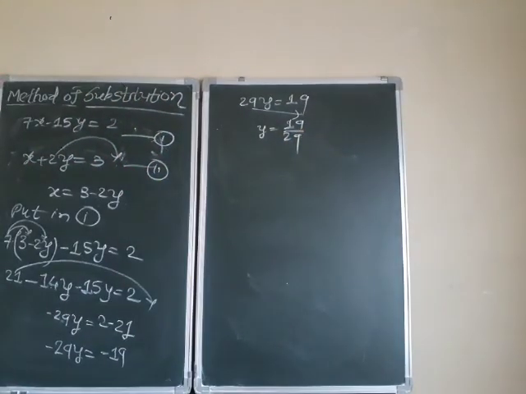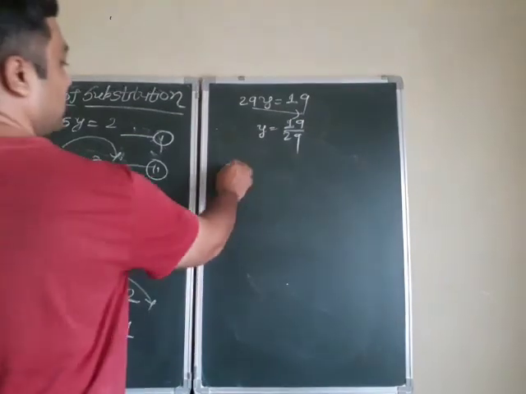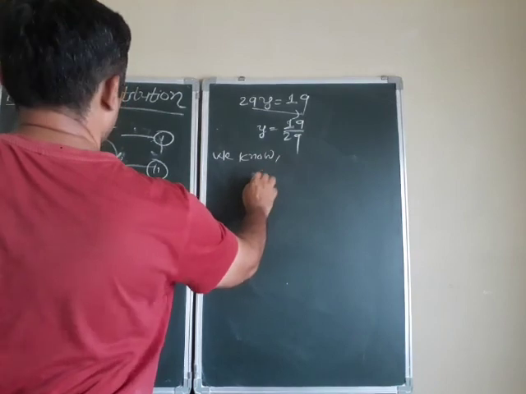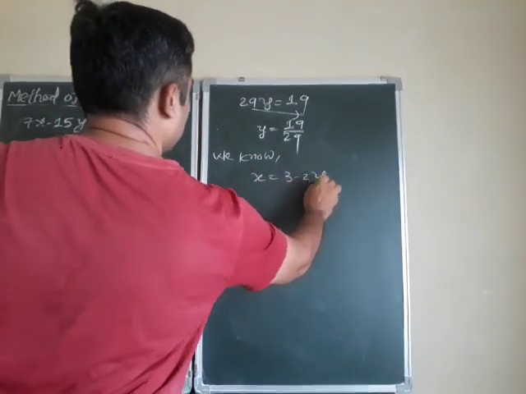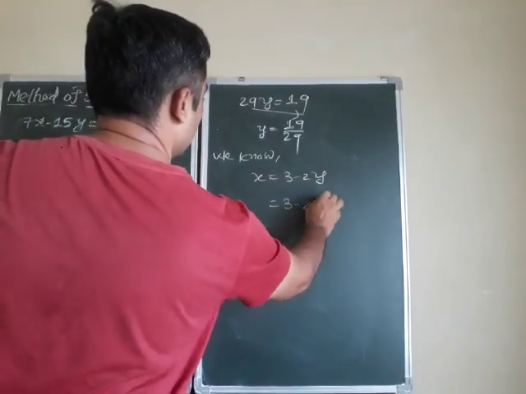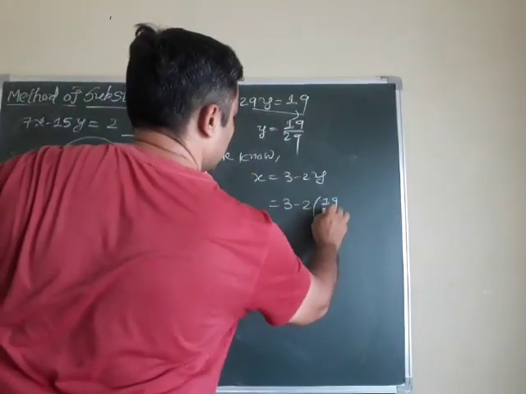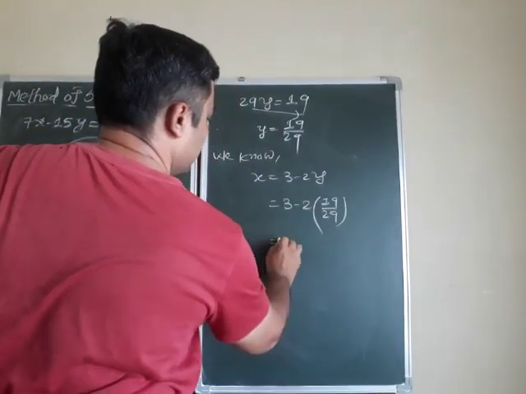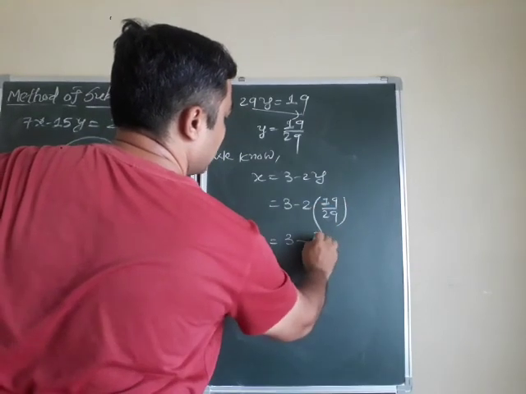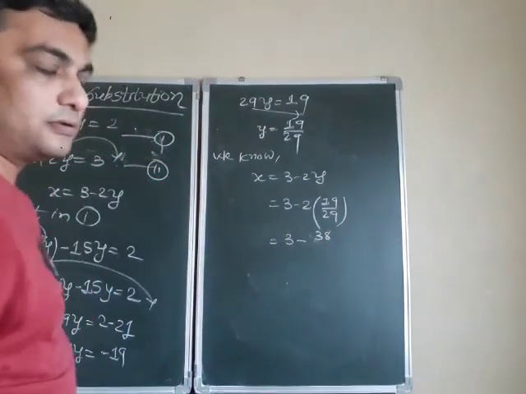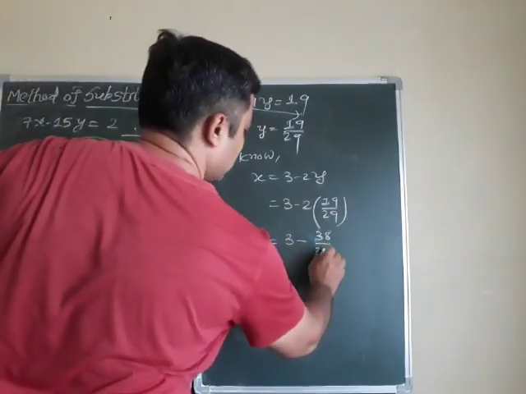First the value of y is determined. Now you know the value of x. x is equal to 3 minus 2y. So 3 minus 2, I am substituting y, which is 19 by 29. So it is equal to 3 minus 2 19s are 38, upon 29.